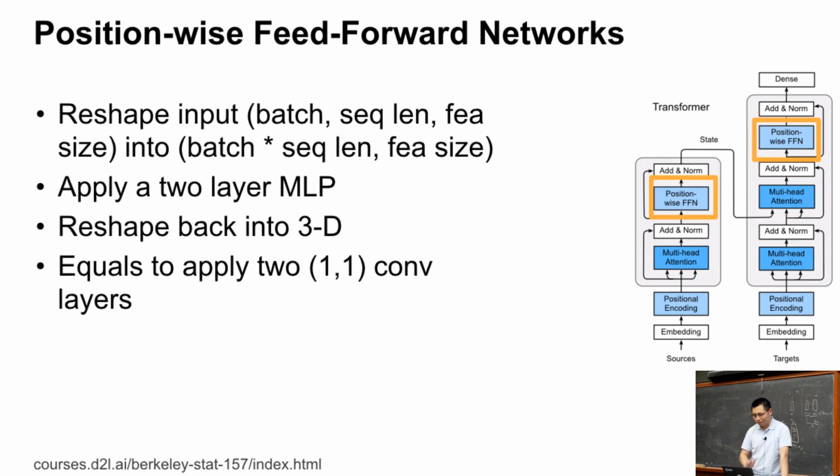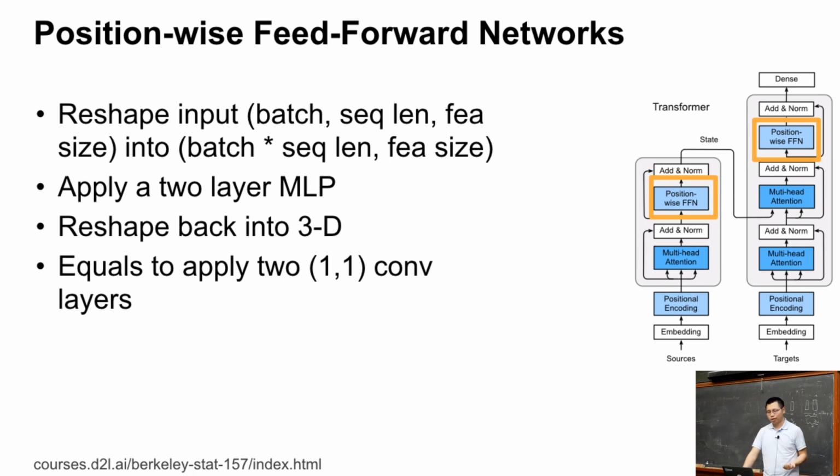Now the second one is called position-wise feed-forward networks. It's a pretty long name, but actually it's a very simple thing. It's just like convolution layers. We know the input is a 3D matrix: batch size, sequence length, and feature size.